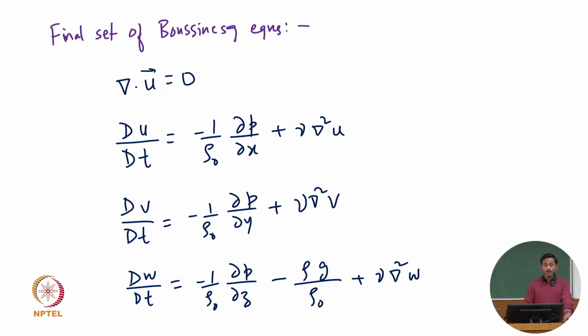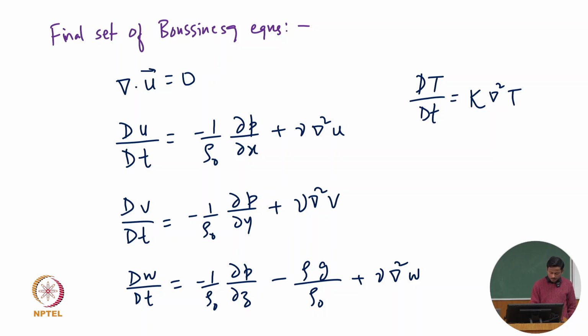Remember that p and rho in all of these equations are the fluctuations over a mean. And then the energy equation, it is del T dt equal to kappa del square T. So this is the final set of equations: the continuity equation, the momentum equations, and the temperature or energy equation.